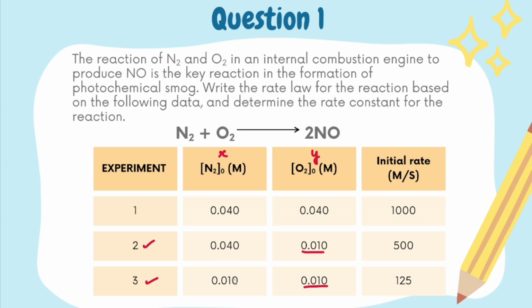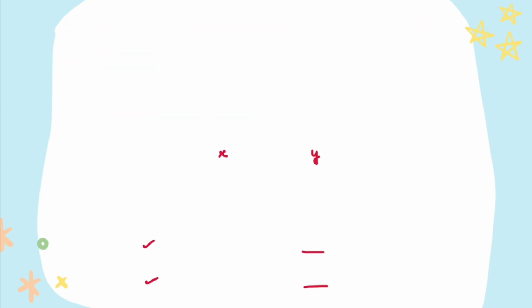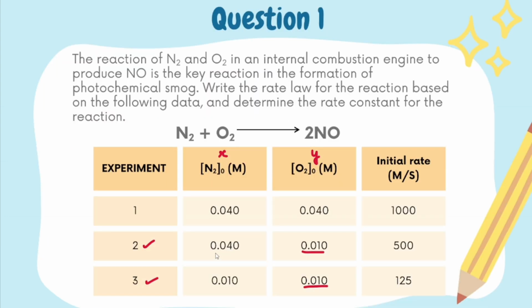First let's substitute the initial rate, that is, the rate of the reaction for the second experiment, which is 500. So we can write 500 is equal to K into N2 to the power of x, for the second experiment, 0.040 to the power x, into 0.010 to the power y.